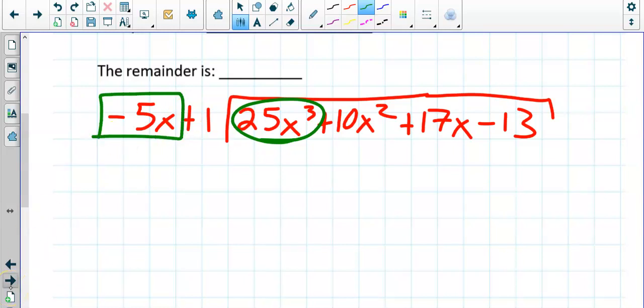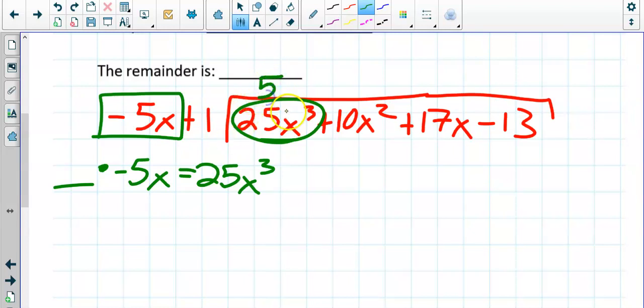So we need to ask ourselves this first question. What times negative 5x will give me 25x cubed? You got it. Because negative 5 times negative 5 is the positive 25. And x squared times x is x cubed. So there's our top piece.